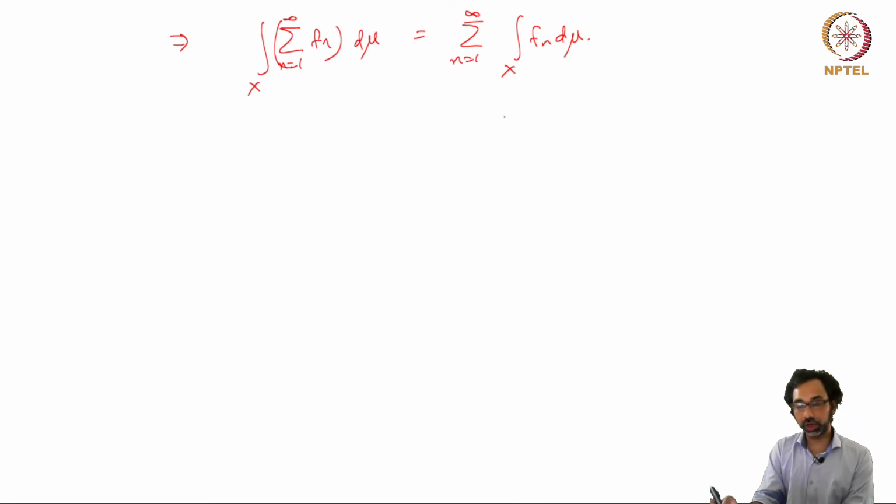So this is Tonelli's theorem. Note that it was only allowed because all these f_n's are unsigned measurable functions, which makes these partial sums a non-decreasing sequence, so that we can apply the monotone convergence theorem.